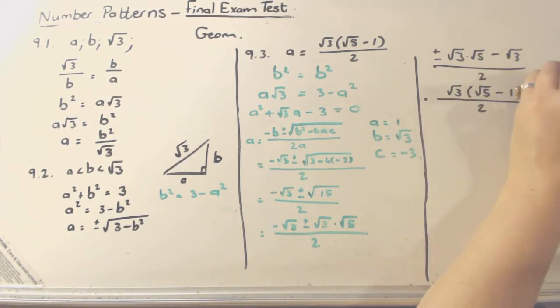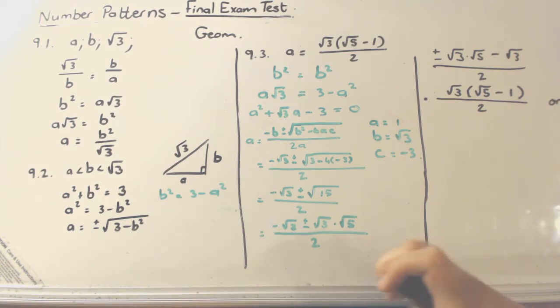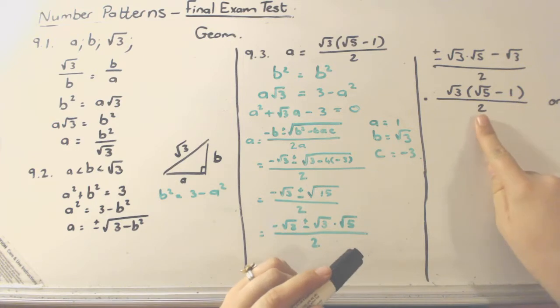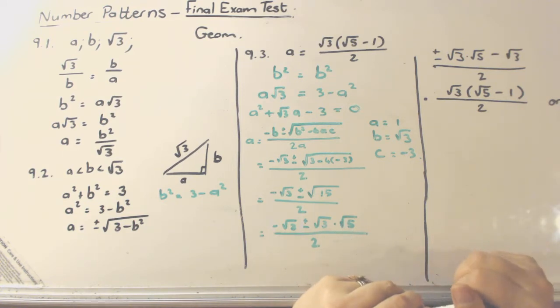Or if I take out minus root 3, then it gives me root 5 plus 1 over 2. So it gives me this or that. But they say prove that a should be equal to this, so a is then equal to that, or that, but to be very technically correct, it is that.